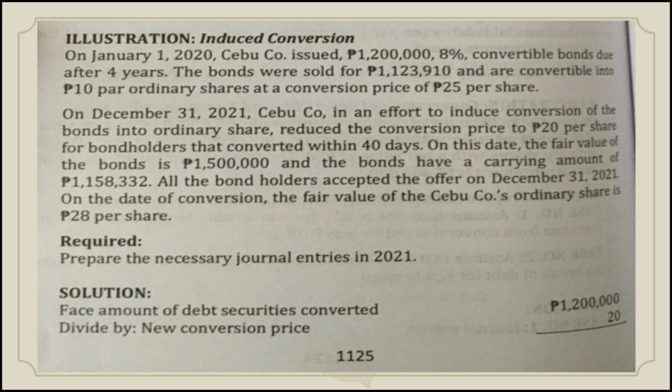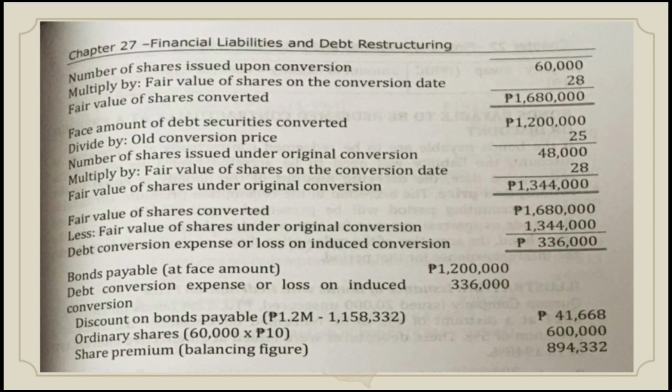So, naa tay gi-issue nga convertible bonds nga 1,200,000 pesos. Mao ni ang face amount sa debt securities nga gi-convert. And then, ato siyang i-divide sa new conversion price which is 20 pesos sa December 31, 2021. So, 1,200,000 pesos divided by 20 is equal to 60,000. Mao ni ang number of shares issued upon conversion.